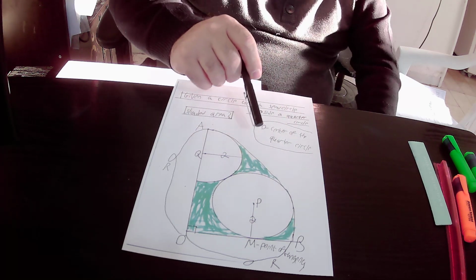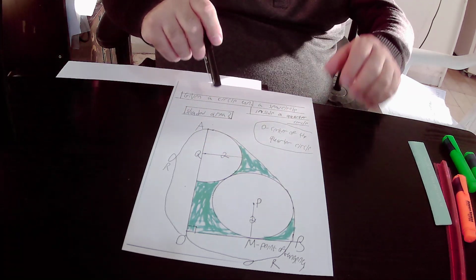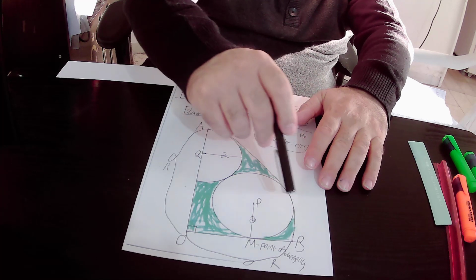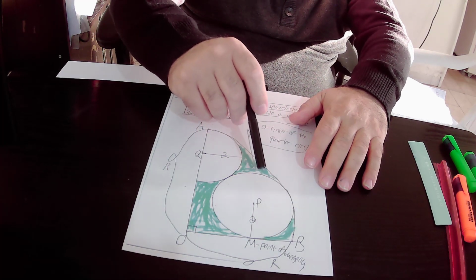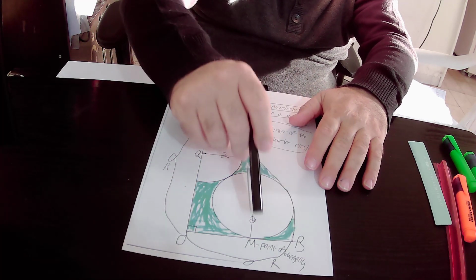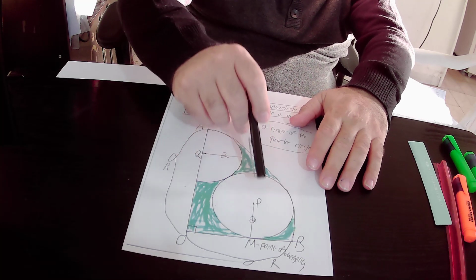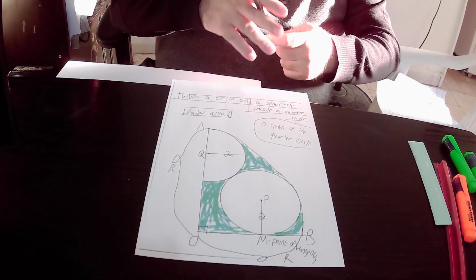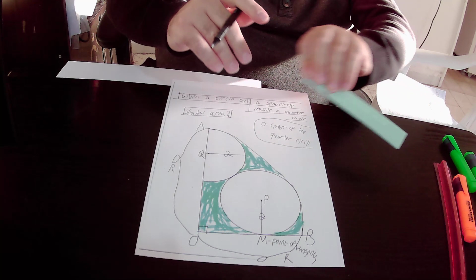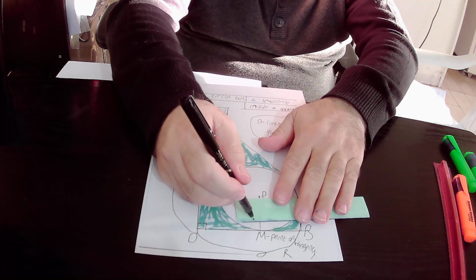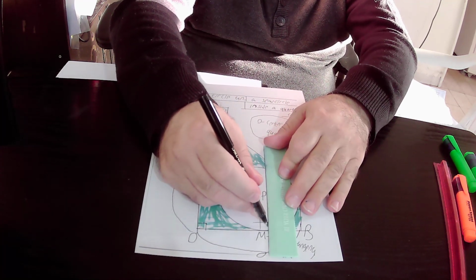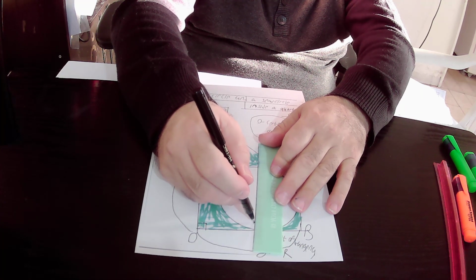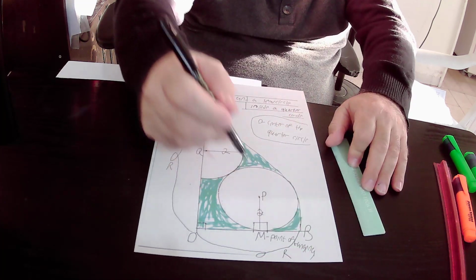And whenever you have a radius drawn to the point of tangency, then tangent OB will be perpendicular to the radius PM. So if OB is perpendicular to MP, it means that this angle equals 90 degrees, and this angle also equals 90 degrees according to rule number 1.